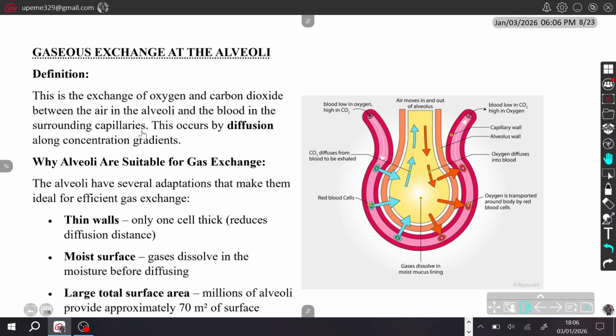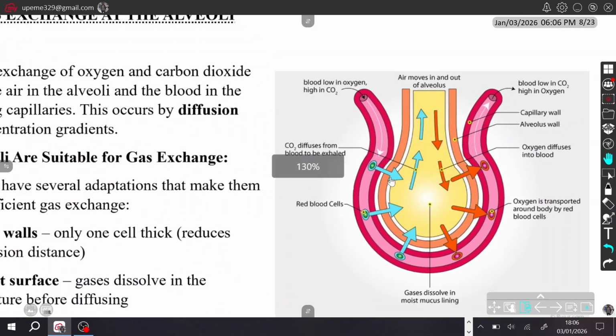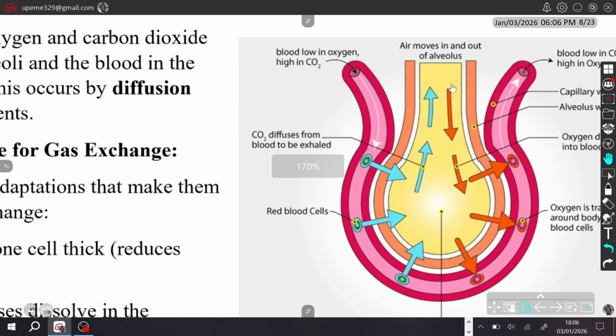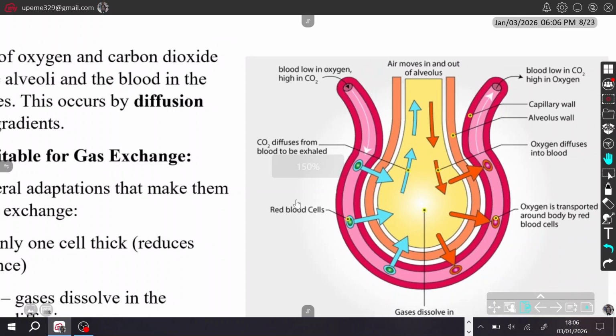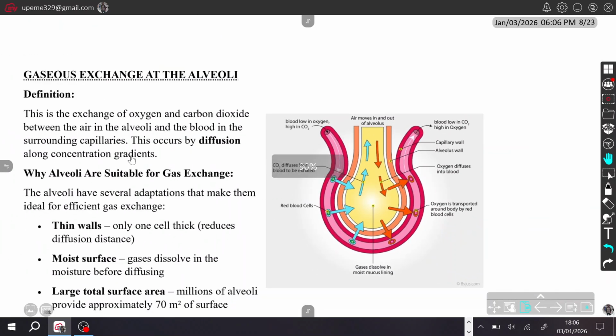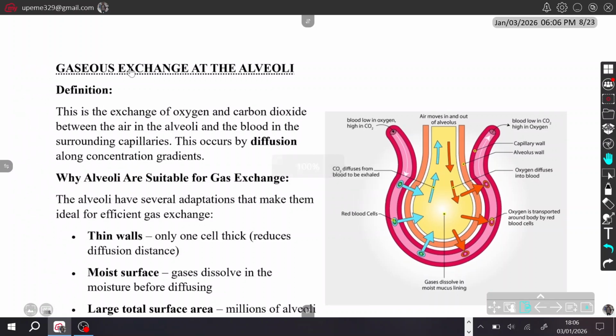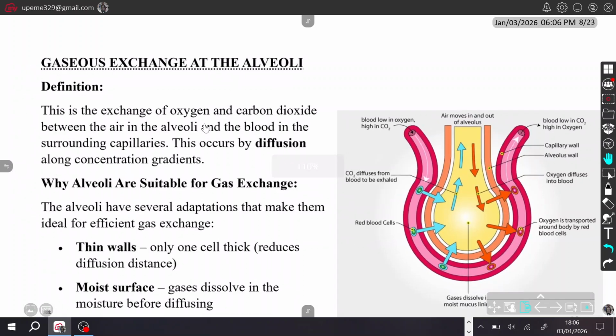After the air has entered and filled up the alveoli, making the alveoli full, now there will be gaseous exchange. So let's talk about gaseous exchange at the alveoli.